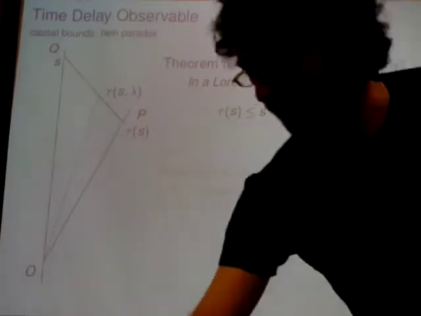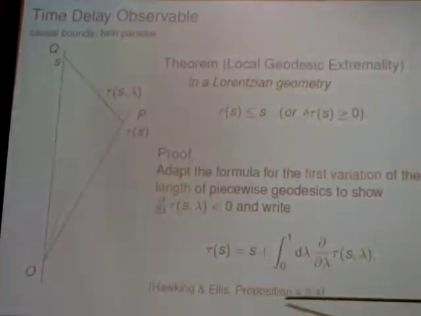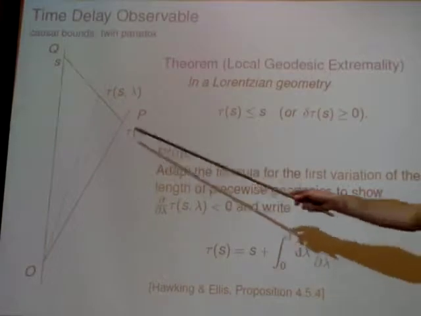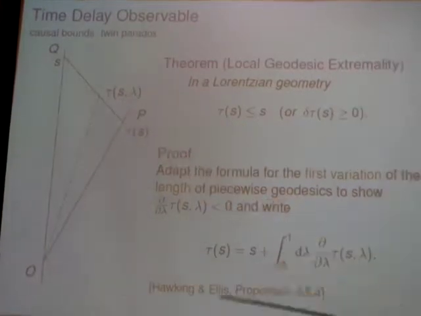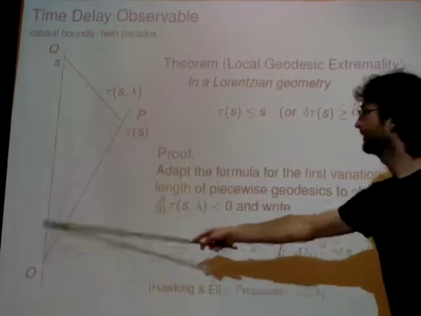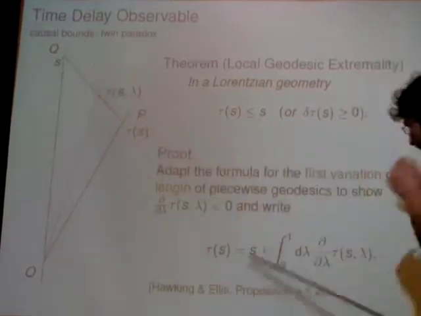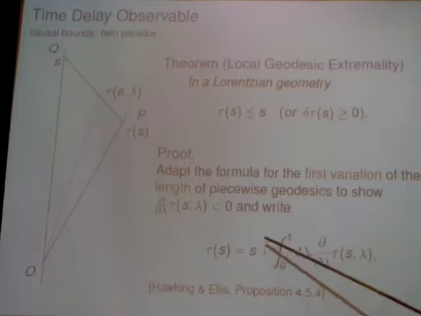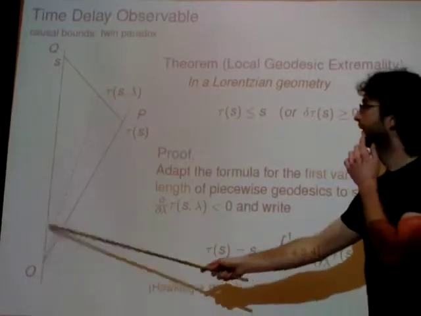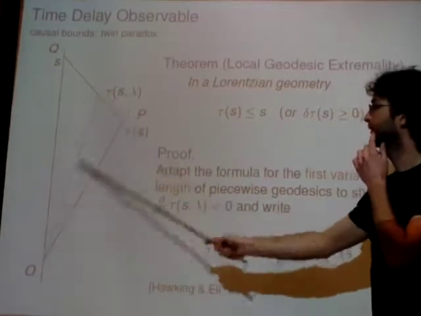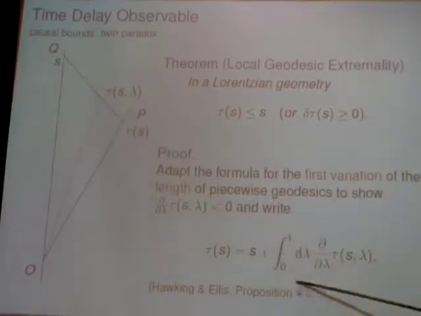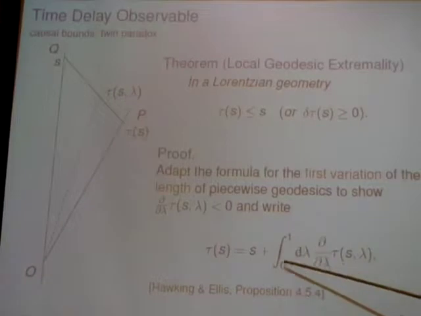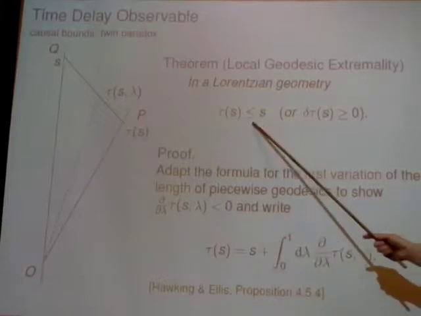Again, following some propositions of analysis, for example, you could write the emission time as a sum of the absorption time, so the reception time, together with this kind of integral, where you use some auxiliary curves that interpolate between this one and that one, and you can show that this is always negative. Then this gives you the desired inequality.